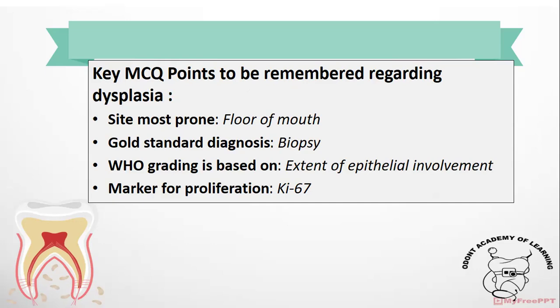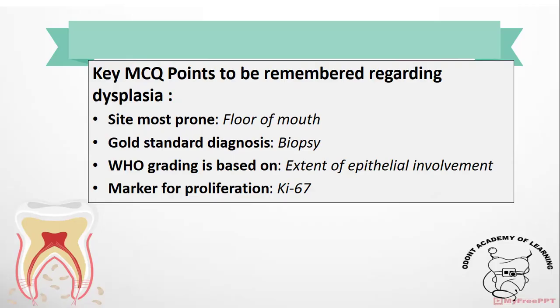The gold standard for diagnosis of a dysplastic lesion is biopsy. Now, WHO grading is based on the extent of epithelial involvement. WHO graded it into mild, moderate, severe. They graded it on the basis of how much of the epithelium was involved.